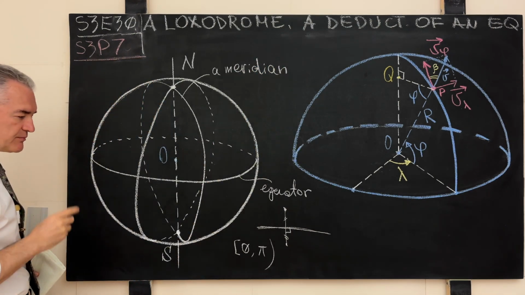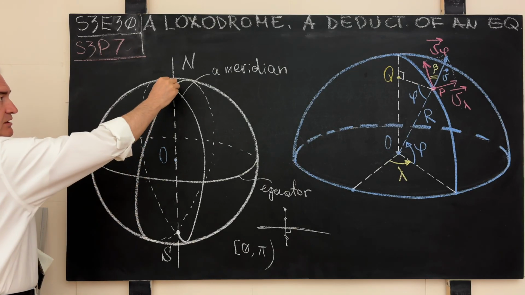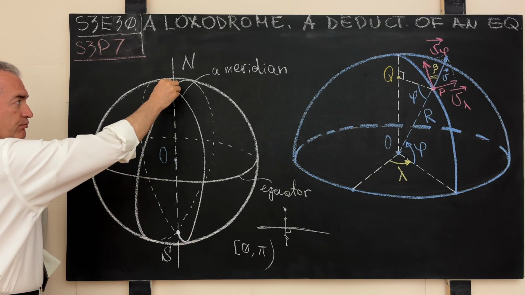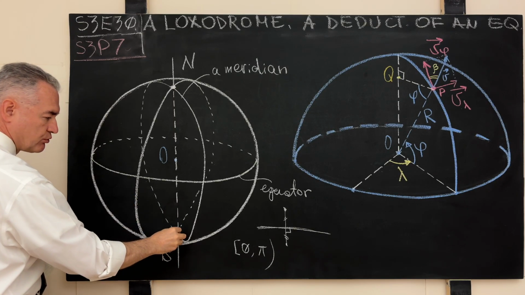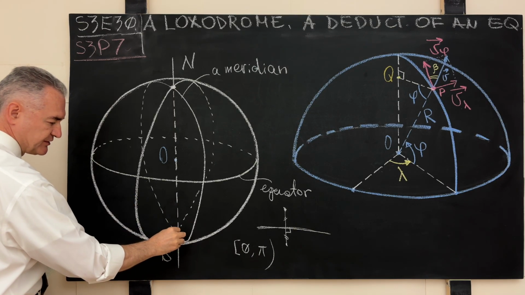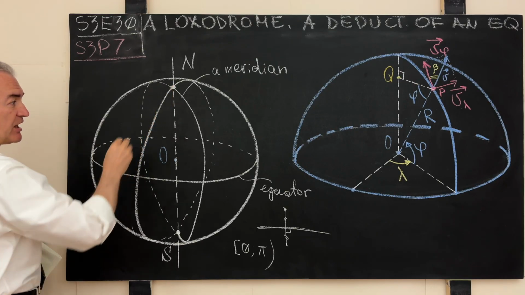And then remember that each meridian, let's say, originates at the North Pole and terminates at the South Pole of the sphere, or conversely originates at the South Pole and terminates at the North Pole.